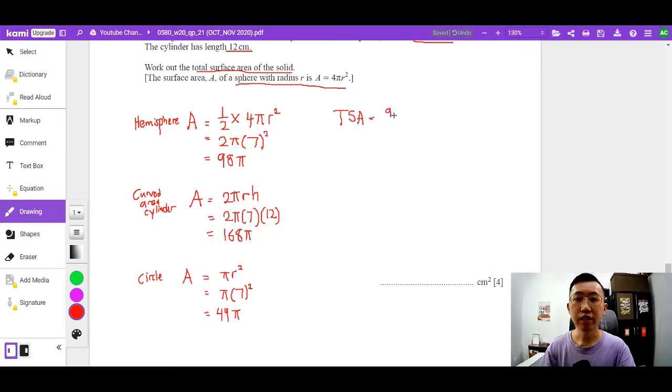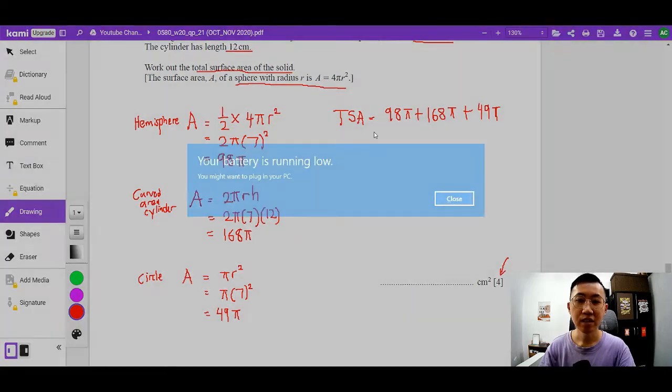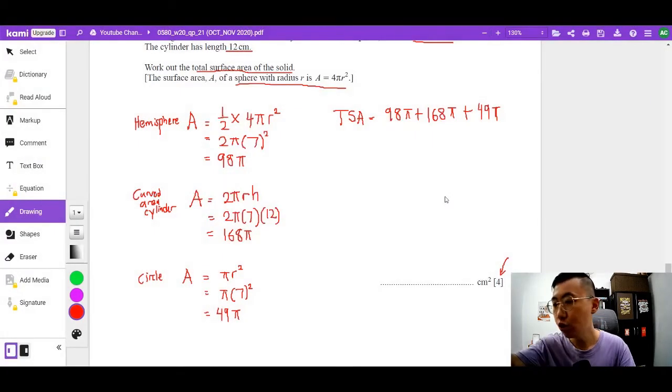Now add everything: 98 pi plus 168 pi plus 49 pi. You have to show all this working. Look at this, 4 marks, so all the working has to be shown. Battery low. Okay, now we have to use the calculator.